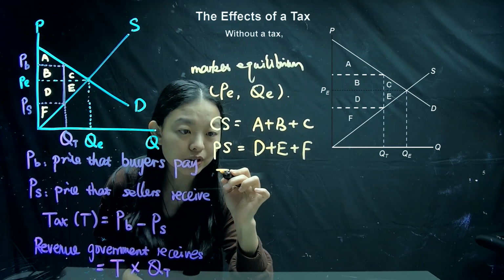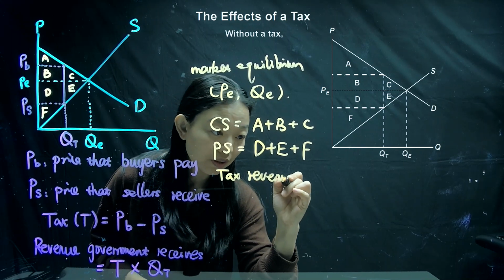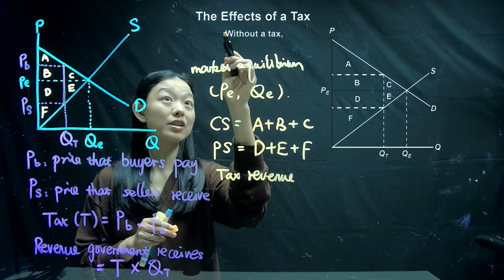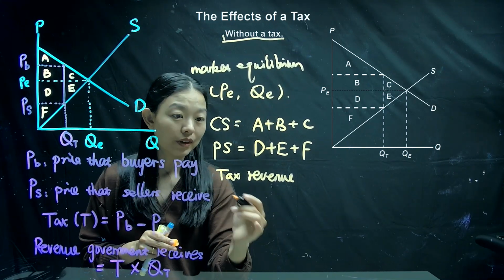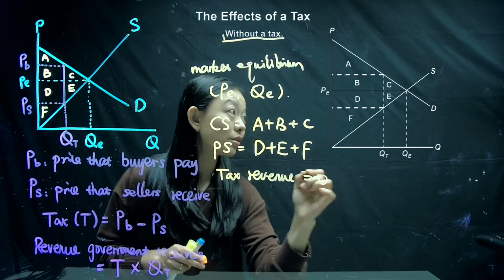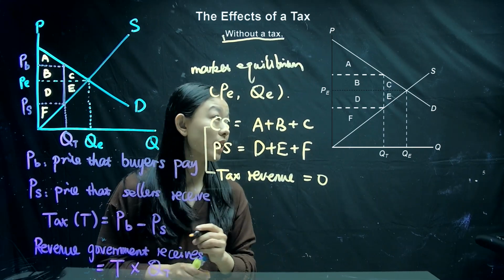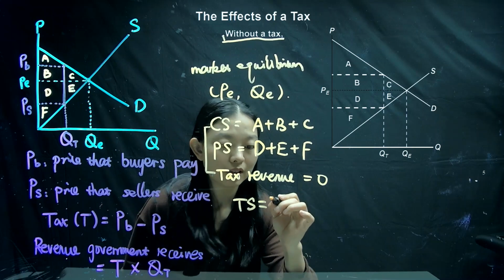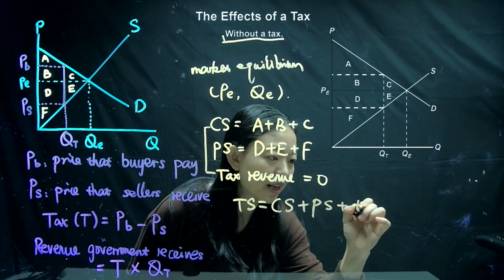And then the total surplus, any tax revenue here? Here there is no tax. We just talk about the first scenario, okay? Without tax, so the tax revenue here will equal zero, right? Based on this, we can compute our total surplus. Total surplus equals consumer surplus plus producer surplus plus the tax revenue.